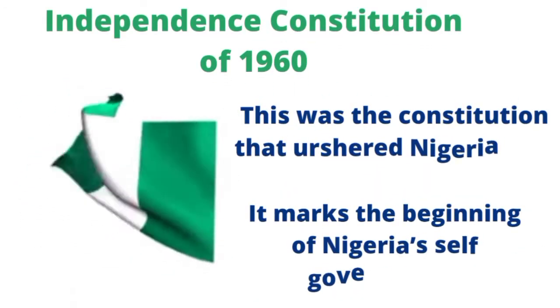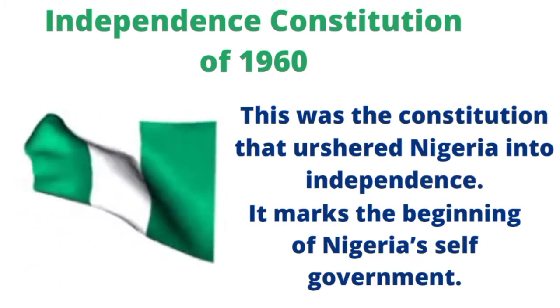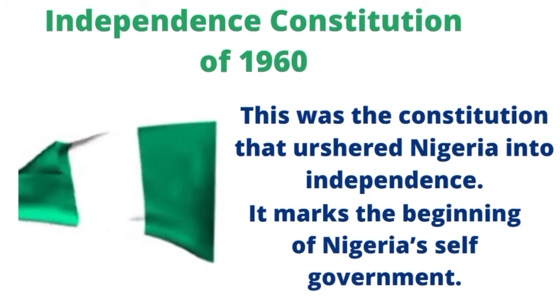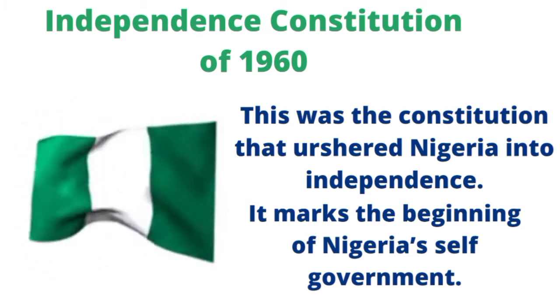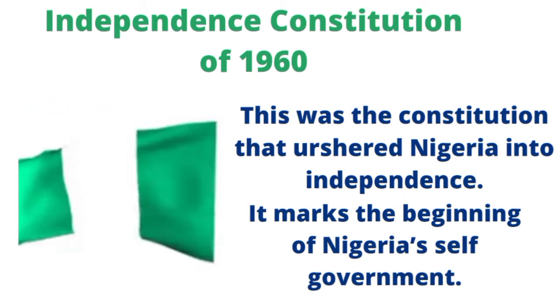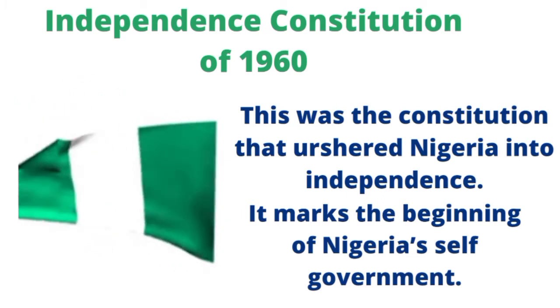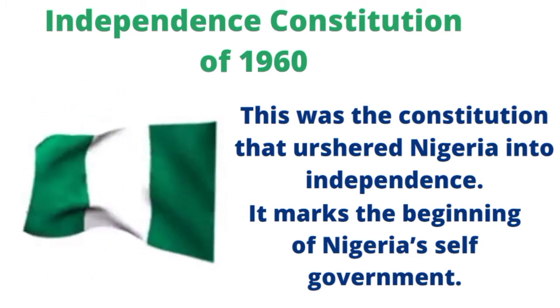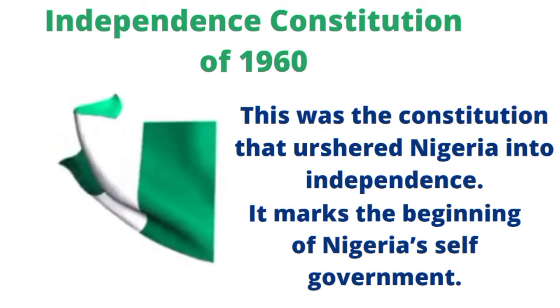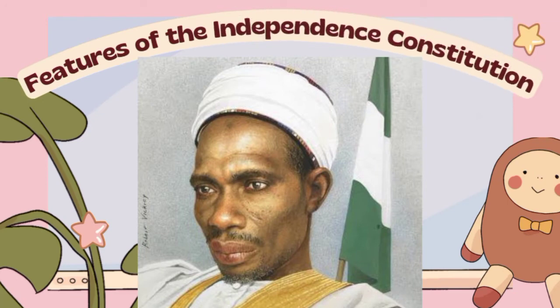Of course, without being told, the Independence Constitution was the constitution that ushered Nigeria into independence. This constitution marks the beginning of Nigeria's self-government, even though Nigeria was not totally independent, because England was still performing some roles within the provision of the Independence Constitution.